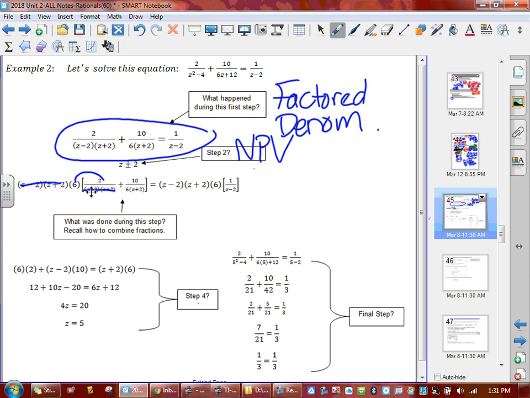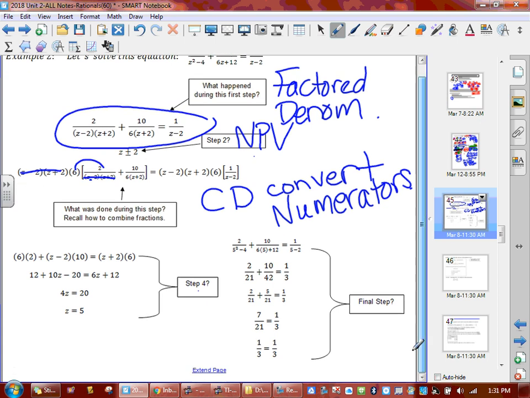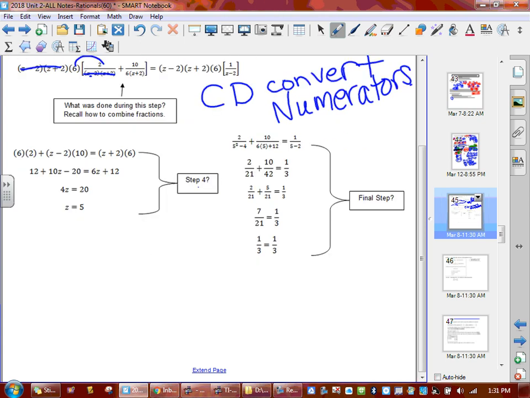Okay? So what have they done? They've done common denominator converts. What that means is convert the numerators. So this is when we change all those top numbers. Okay? What did they do in step 4? What do you notice is gone in step 4? What did they remove?